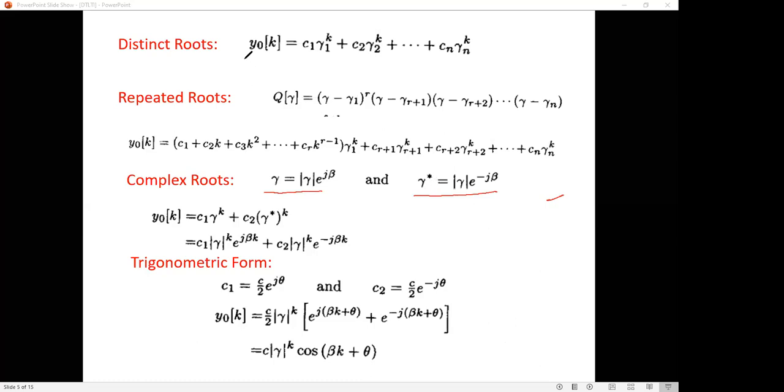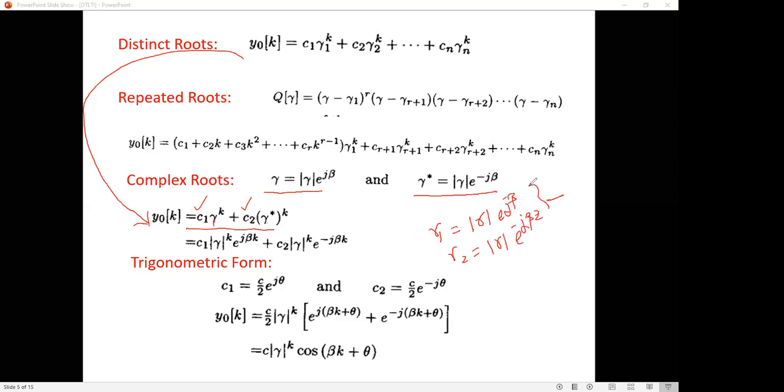So you can use your distinct-roots formula. We have two roots, so two constants will be involved. This is your lambda 1, this is your lambda 2. Your lambda 1 is equal to the magnitude of gamma times e to the power j beta, and your lambda 2 is equal to the magnitude of gamma times e to the power minus j beta.